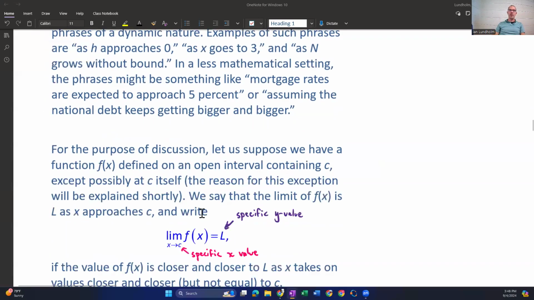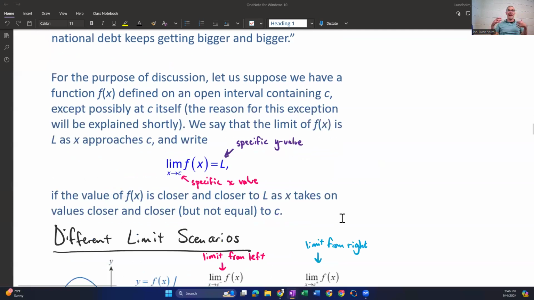And so, first off, we're going to focus in on how we would say this monstrosity of a new formula that we have. We would say that the limit of f of x is L as x approaches C. So that is the language that we would use, and that's a good way to phrase it.